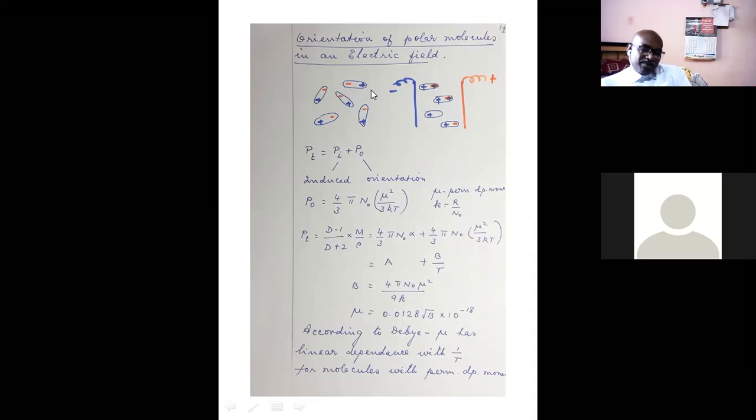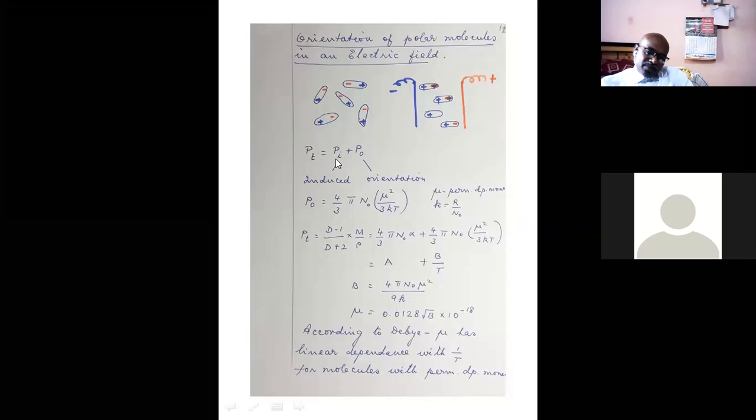See, this is not millimeter. Just for your understanding, I am telling you this. The separation distance will further increase because of the electric field distortion. It is already distorted, but because of the electric field the distortion further increases. Therefore, I can say the total polarization is equal to the induced polarization and also the orientation polarization.